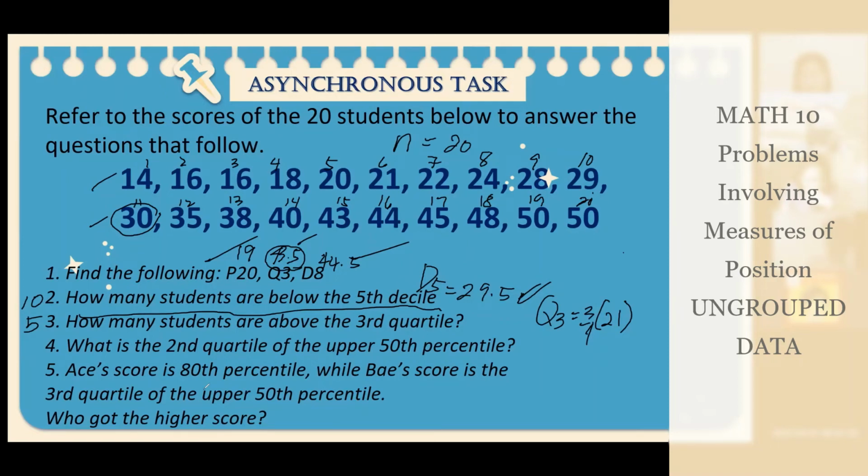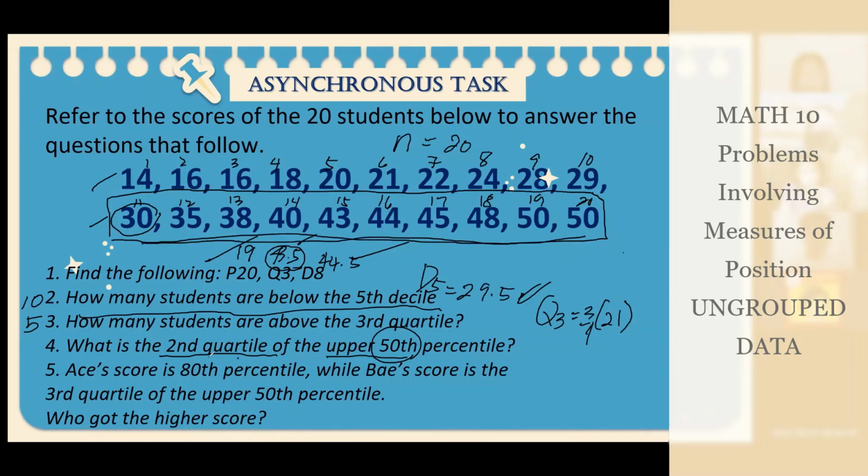What is the second quartile of the upper 50th percentile? So, again, 50th percentile, it's the median. So, ito yung upper 50th percentile, right? Tapos, tinatanong, what is the second quartile of this upper 50th percentile?